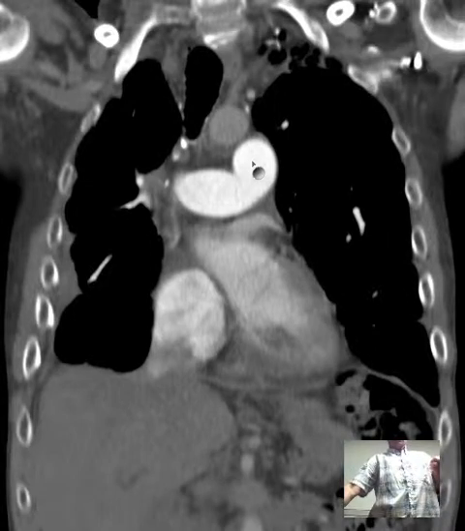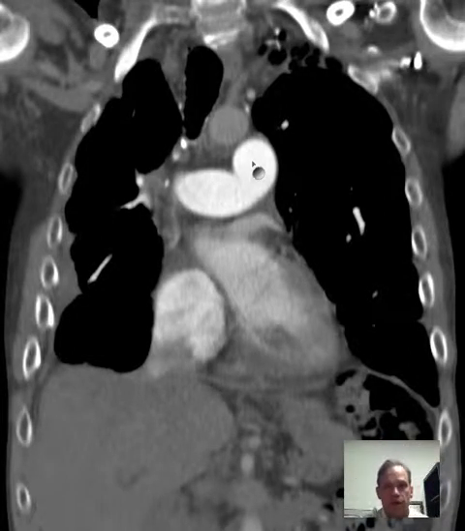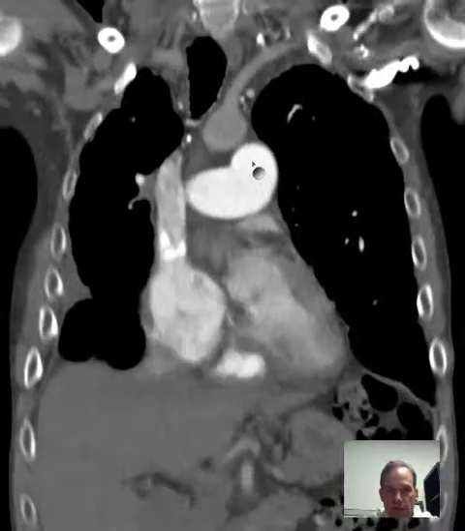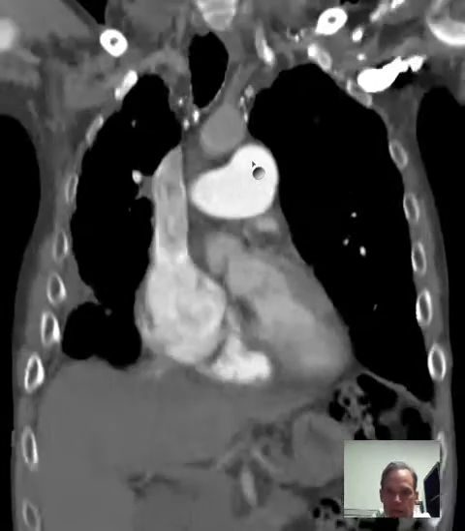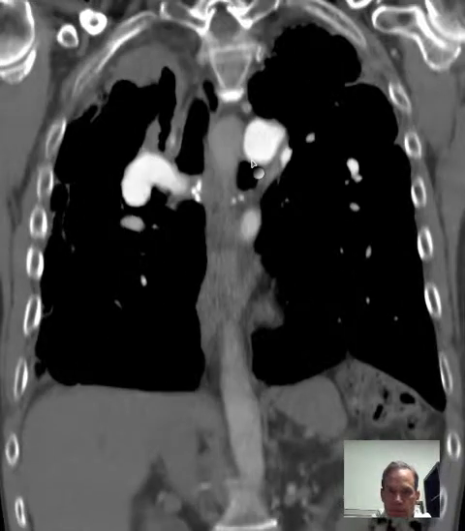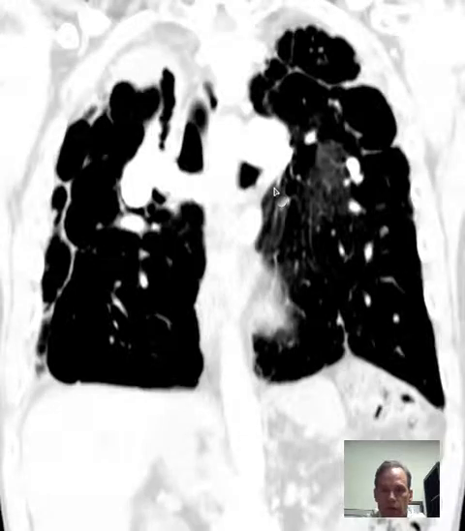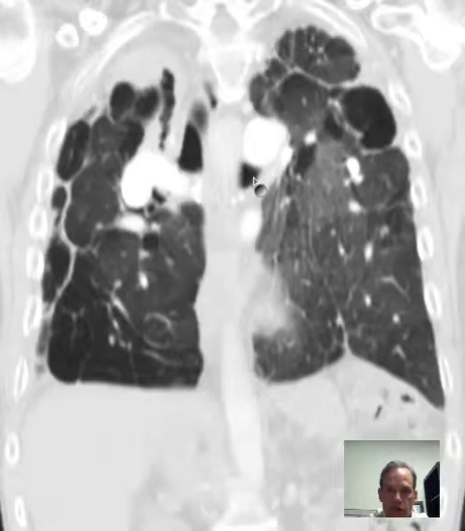The left main pulmonary artery goes up and over the left main stem bronchus. So what you're seeing here is that left main pulmonary artery coursing up and over the left main stem bronchus, which is this structure right here.